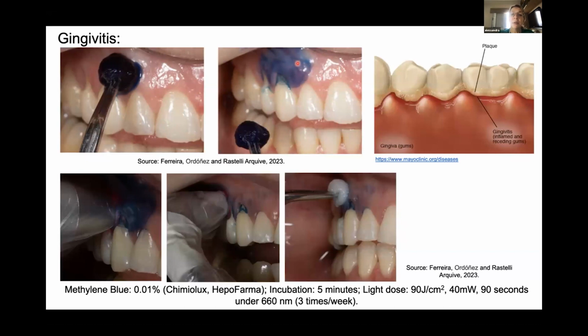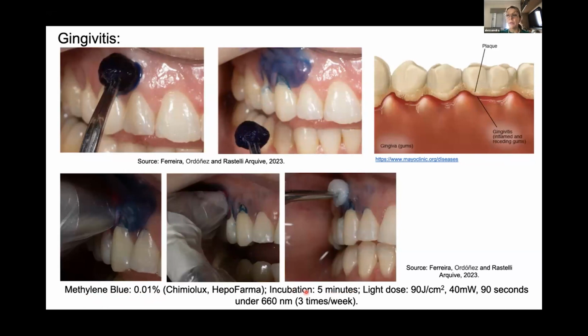Usually after PDT, we can go through a prophylaxis, or 10% hydrogen peroxide is enough to remove the color over the hard and the soft tissue. In this case, we also use methylene blue at 0.01%, with 5 minutes incubation.